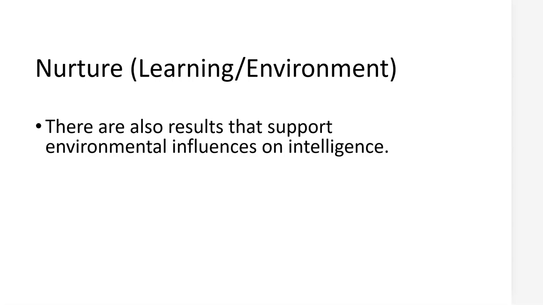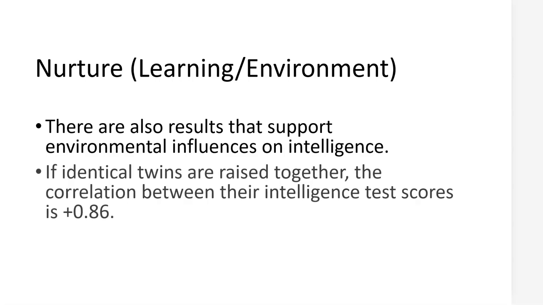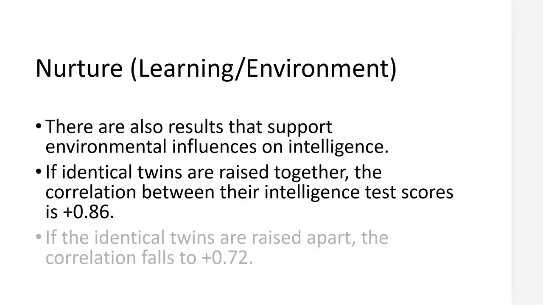At the same time, though, there's evidence of environmental influences as well. Identical twins that are raised in the same environment, their intelligence test scores are strongly positively correlated. So 0.86. They're raised together, and that's critical. So you've got both influences, genetic and environmental, in play.